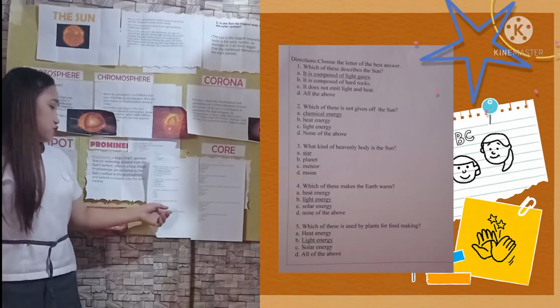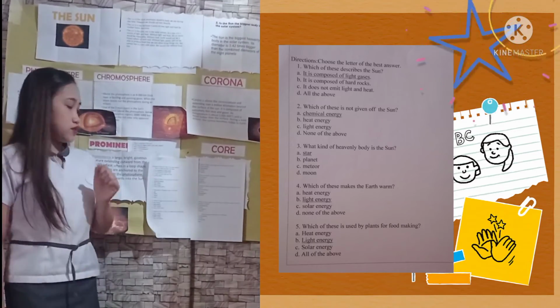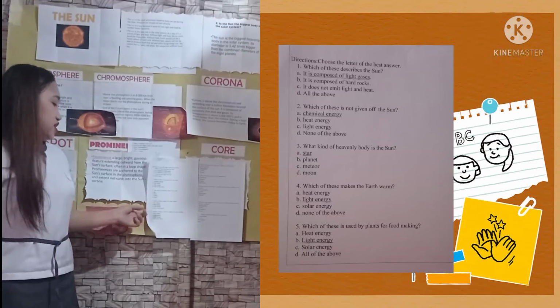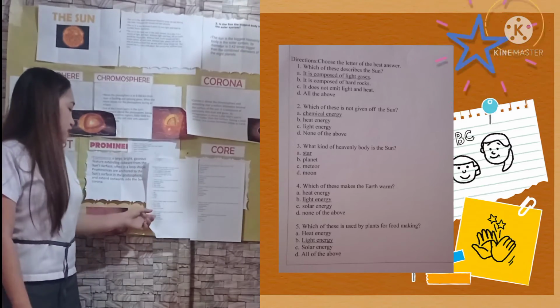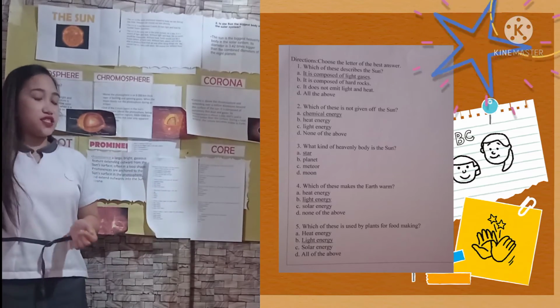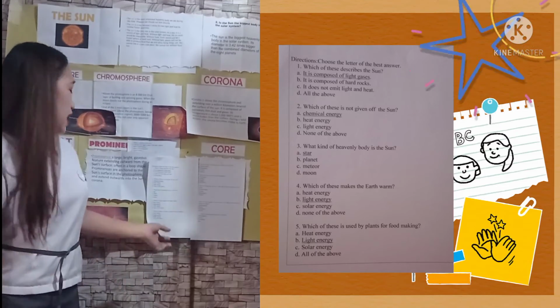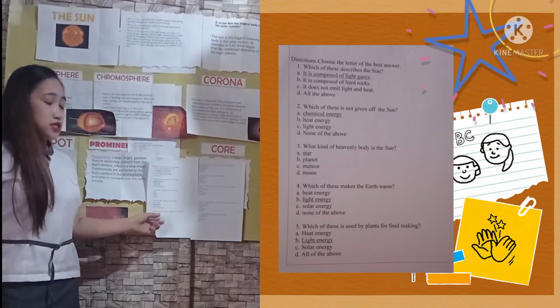Which of these is used by plants for food making? Letter A, heat energy. Letter B, light energy. Letter C, solar energy. And letter D, all of the above. The answer to number 5 is letter B.